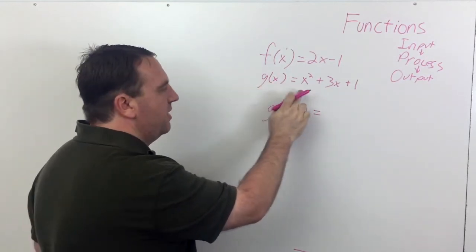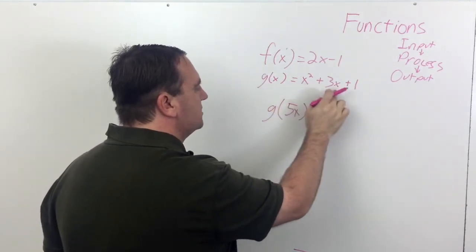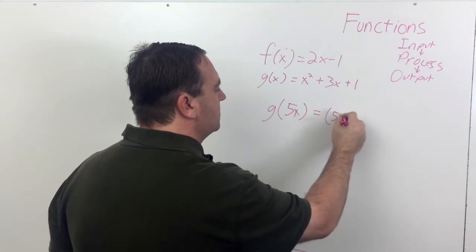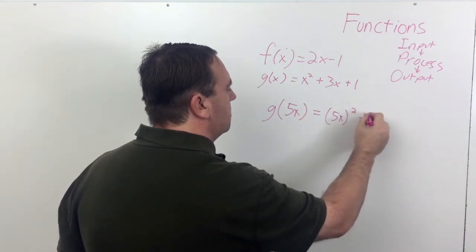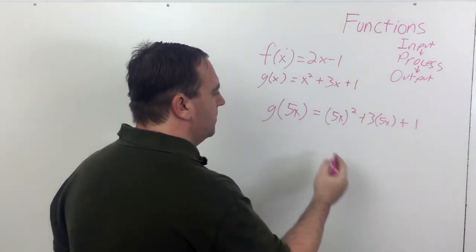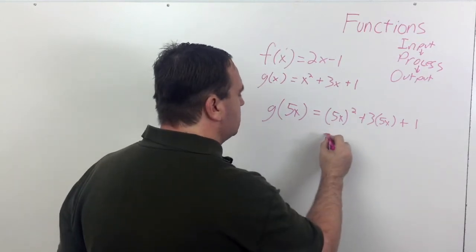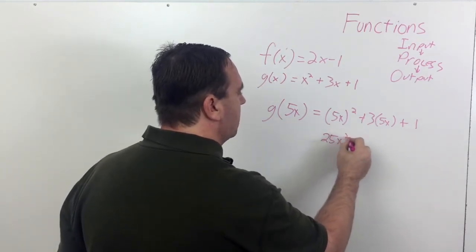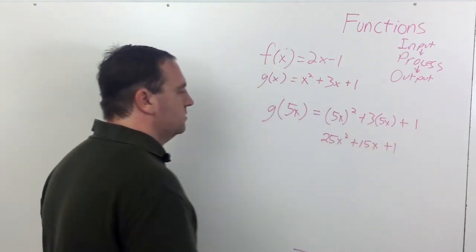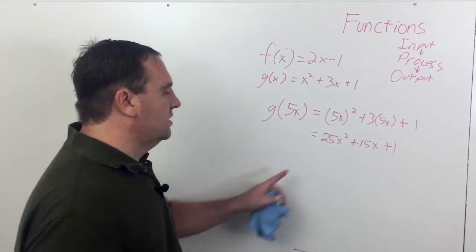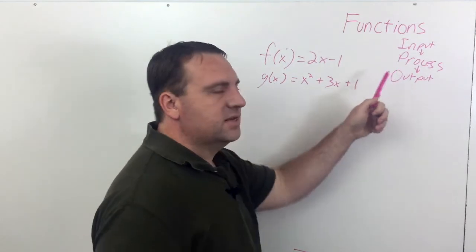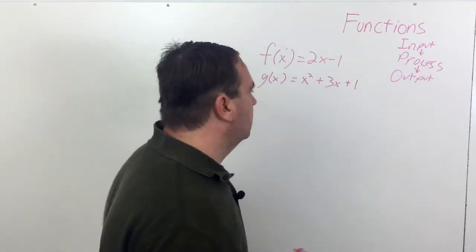So our input is marked by X. So any place in our machine that has an X, we replace it with our input. So that becomes (5X) squared plus 3 times 5X plus 1. So (5X) squared, that's 25X squared plus 15X plus 1. So G of 5X is equal to that. So we have input, process, and output. And anything that goes in can come out.